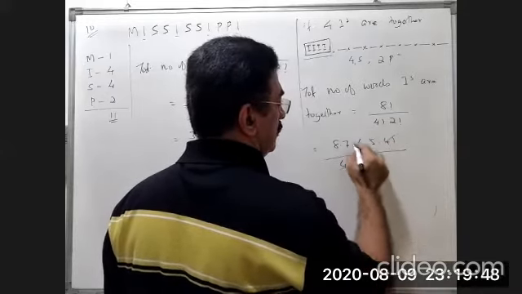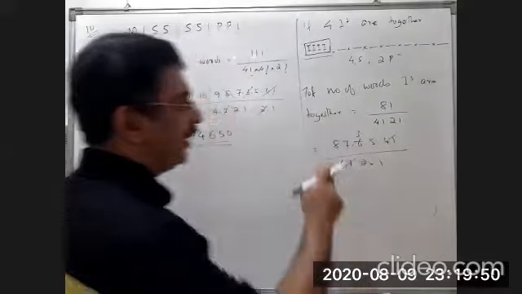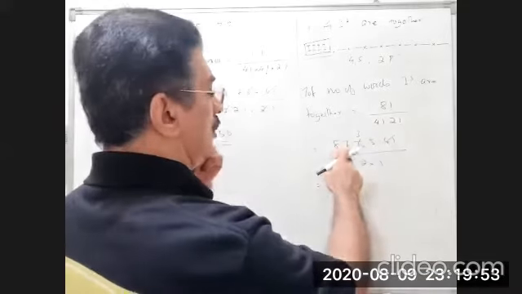This cancels, 2 cancels, 3. Multiply 8, 7. So 56 into 15.